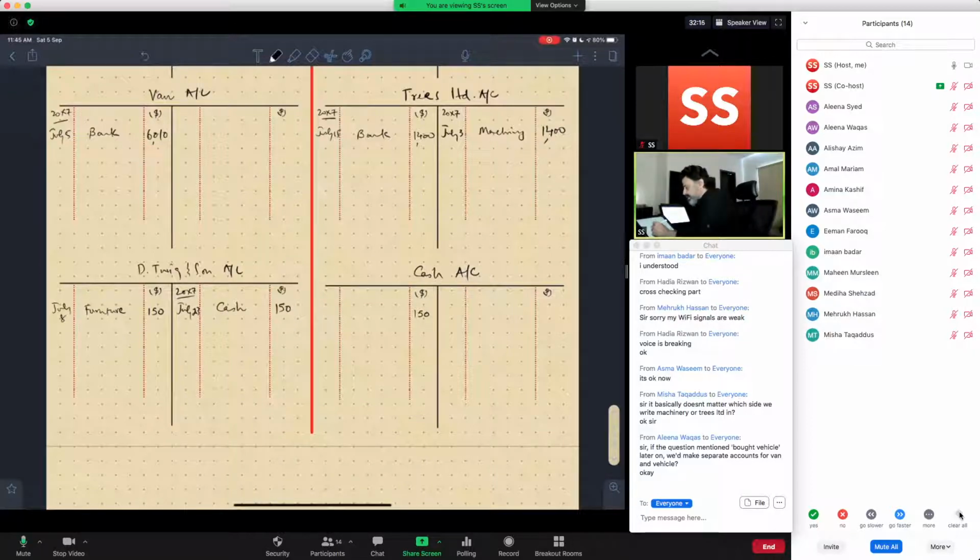And in cash account debit, we will put the date here, July 23rd, 20x7, and we are going to refer to D. Twig, right? And finally, we understand this transaction, D. Twig and Sons being credited and cash account being debited. Give me a green check, everyone, if you do.